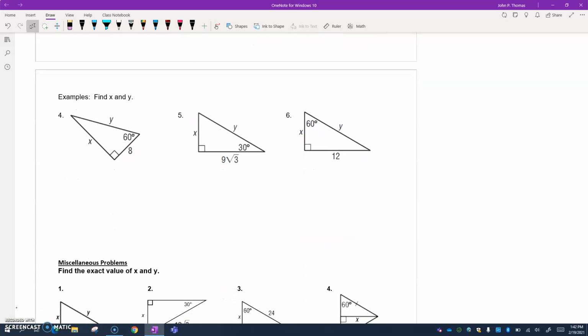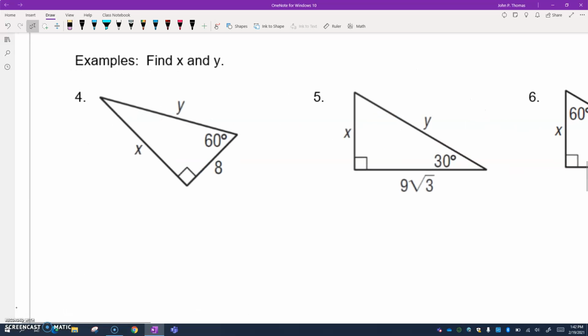Just like with 45, 45, 90s, we're always just going to draw the pattern right on the inside of the triangle. So I've got short leg is A, hypotenuse 2A, and then A root 3. I look for the section where I know all the information, and I know that on the short leg, A equals 8.